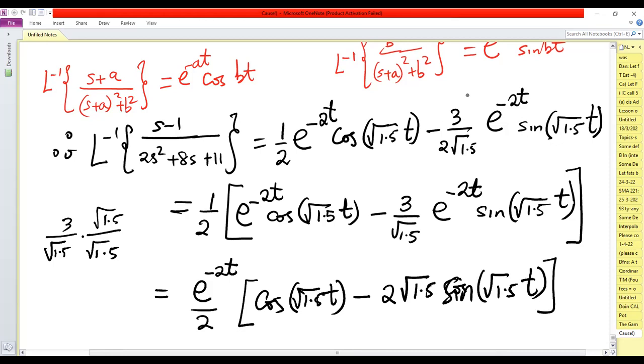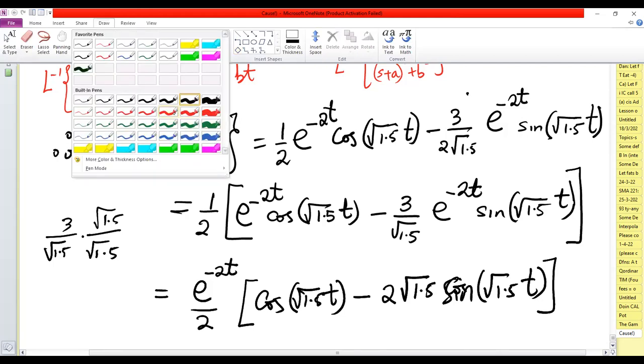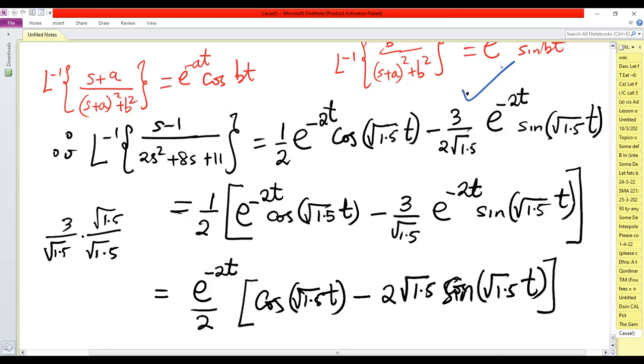Or you could have just left your solution at the earlier point. It is still accepted. So that is how we get the inverse transform of that given function.